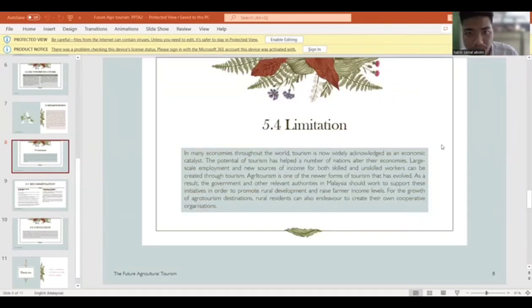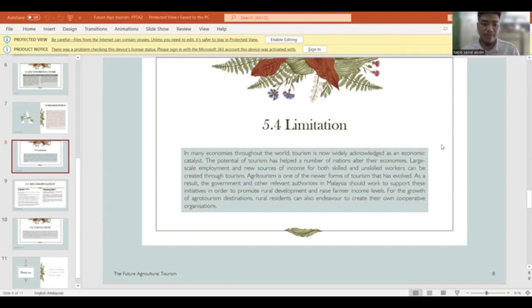Next, I will continue my part for 4.5, limitation. In many economies throughout the world, tourism is now widely acknowledged as an economic catalyst. The potential of tourism has helped a number of nations alter their economies.